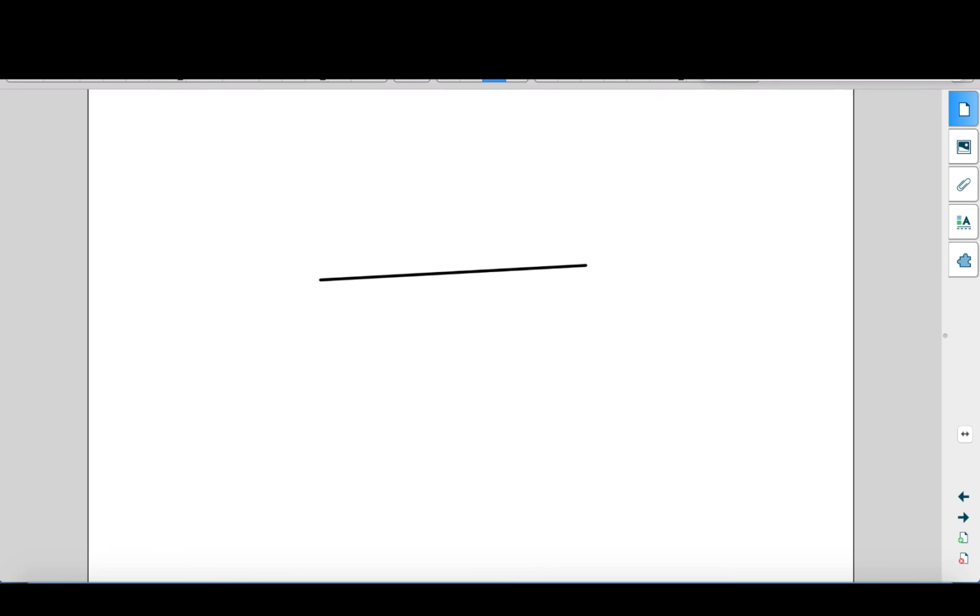Okay, let me give an example that might be a little bit different. Oops, got to make that a straight line. There we go. Okay, let's put this angle out here, and let's call this angle 45 degrees. And I say to you, what is angle A equal to? You know that this whole thing right here is equal to 180 degrees.